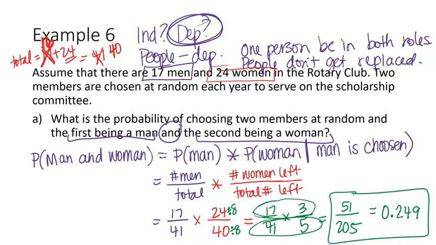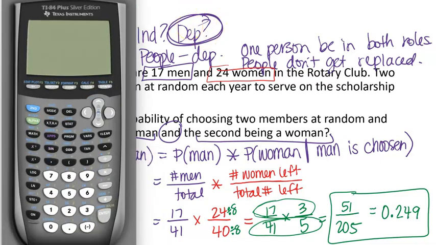If you are struggling with reducing, then back up and multiply first just straight across the top. 17 times 24. That's the top of my fraction. On bottom, 41 times 40. That's the bottom of my fraction. You are allowed a graphing calculator on here.